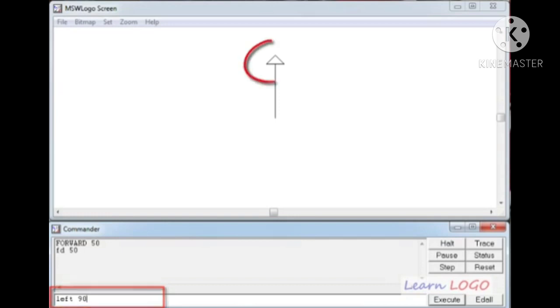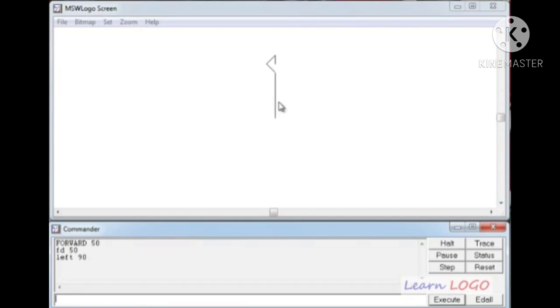Here, I type the angle as 90 degrees. Look at the window. The turtle head turns to the left side.